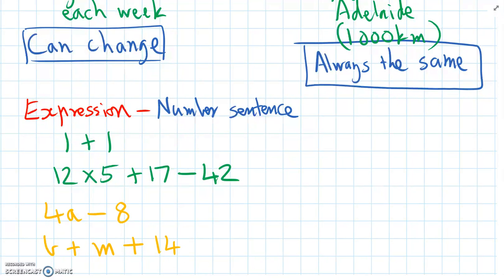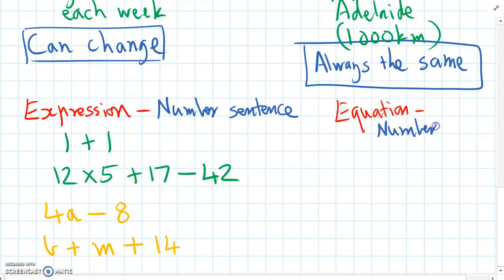And expressions are a little bit different to equations, because an equation has an equal sign. So it's actually talking about two values that are the same as each other. An equation is a number sentence with an equal sign in it.